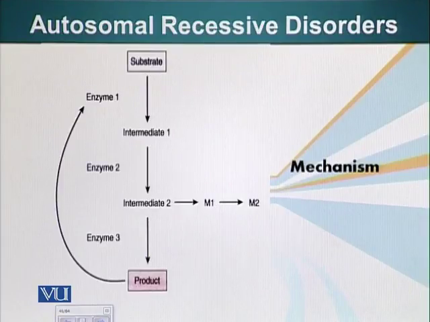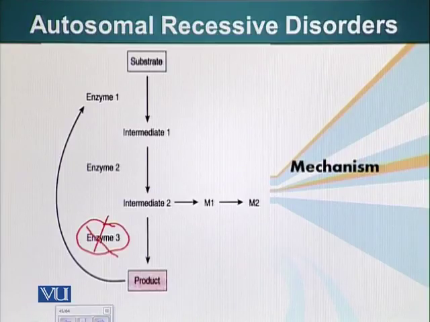So how does mutation in enzymes cause a disease? There are two mechanisms. First of all, we know that our metabolism is organized in such a way that the product of an enzyme is the substrate of the next enzyme in the subsequent step. So here we have a product. Let's say that there's a mutation in enzyme 3.